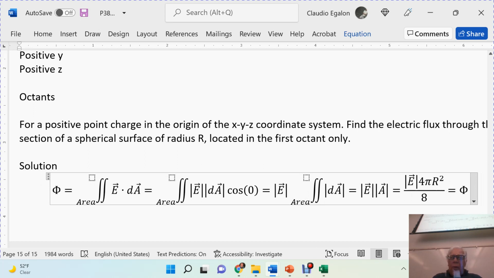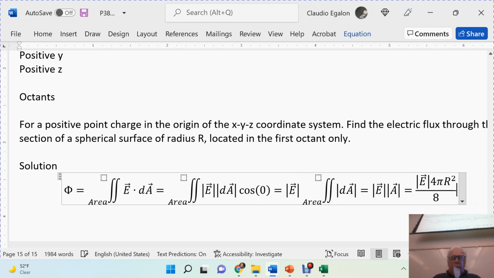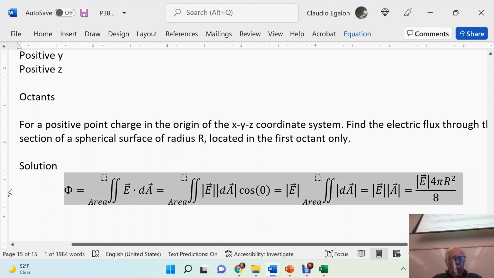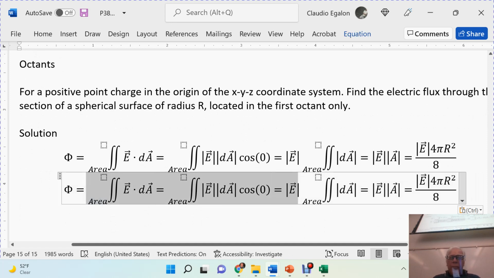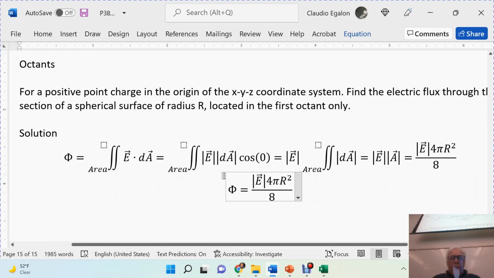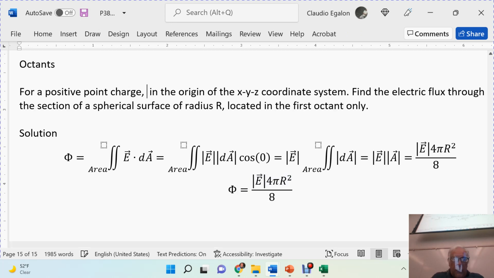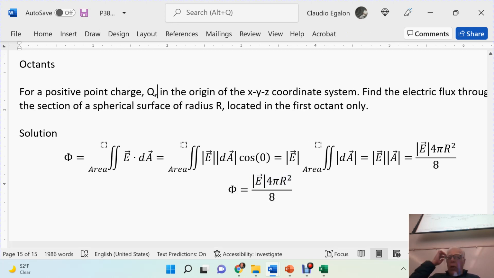Okay. For this specific case, we already know the electric field of a point charge at that spot is going to be what? The electric field of a point charge at that specific spot. You put the charge Q for a positive charge Q, you gotta put a positive charge Q as well in the origin.